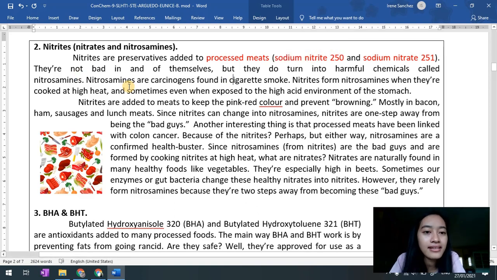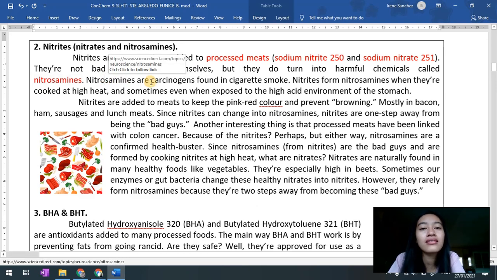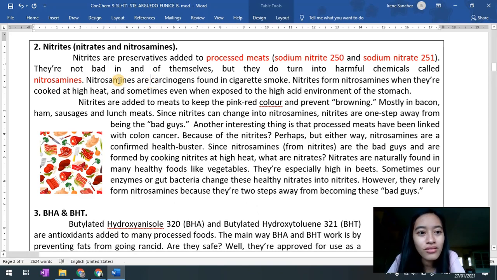So they're not bad in and of themselves, but they turn into harmful chemicals called nitrosamines. These are the harmful chemicals which are considered carcinogenic. Carcinogen meaning cancer-causing. So nitrosamines are carcinogens found in cigarette smoke.